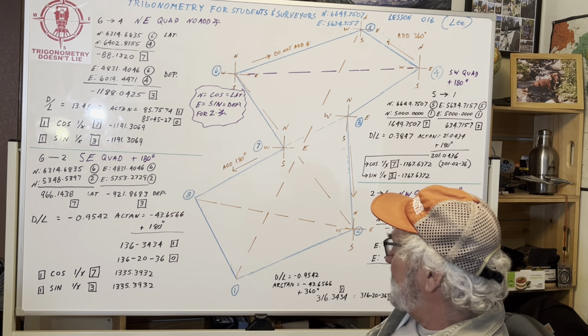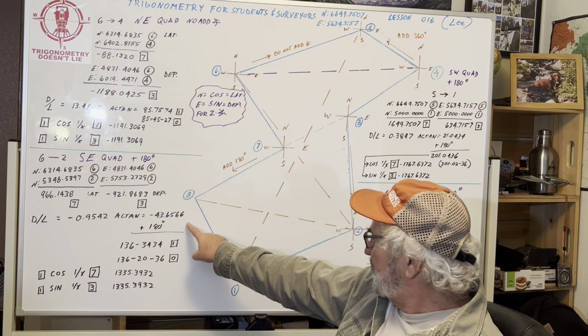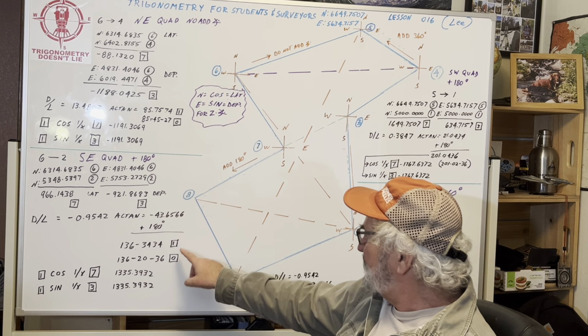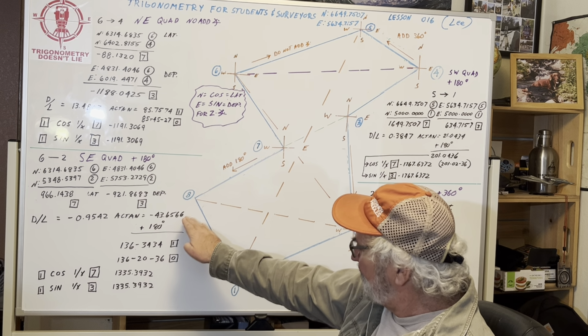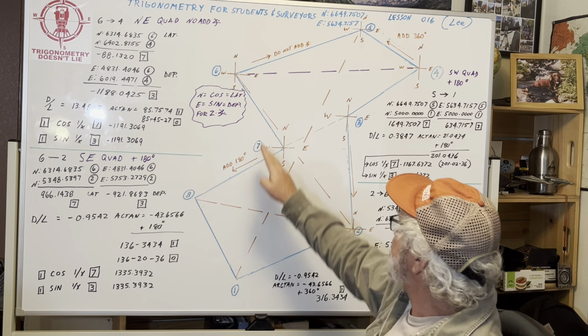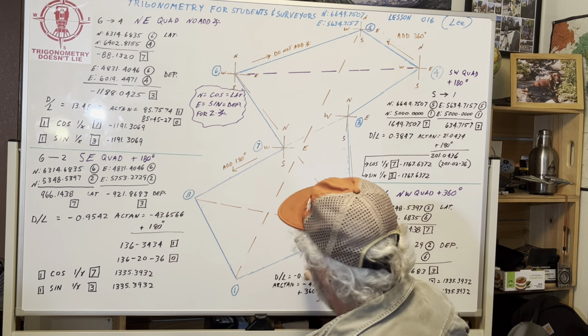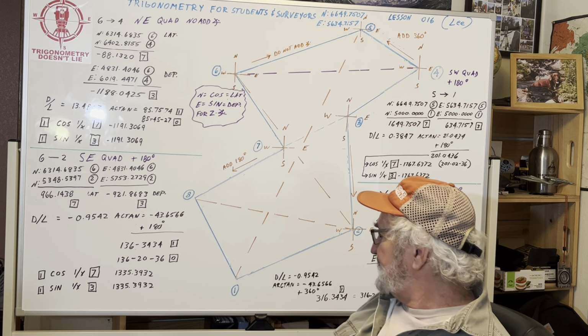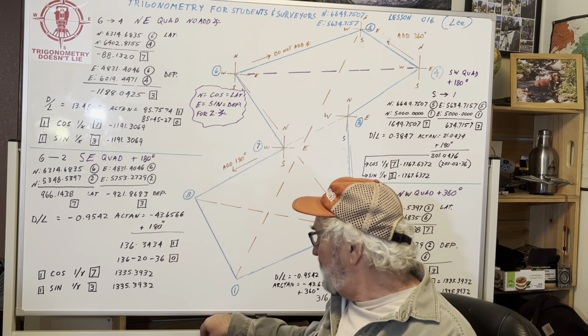Okay, so we have our bearing. Our arc tangent is negative 43.65. We've added 180 degrees to that, so it's going to be less, and of course it is going to be less, because 180 would be down here, we're over here, and our answer is 136.34.